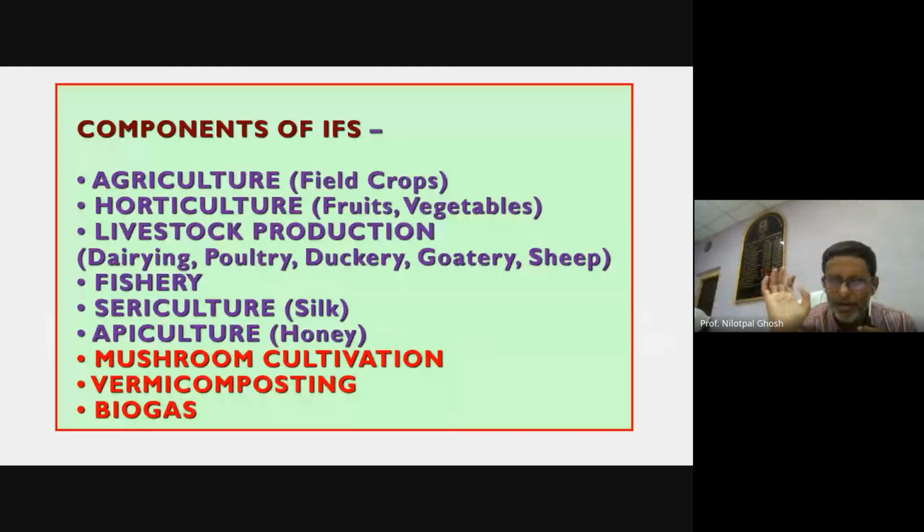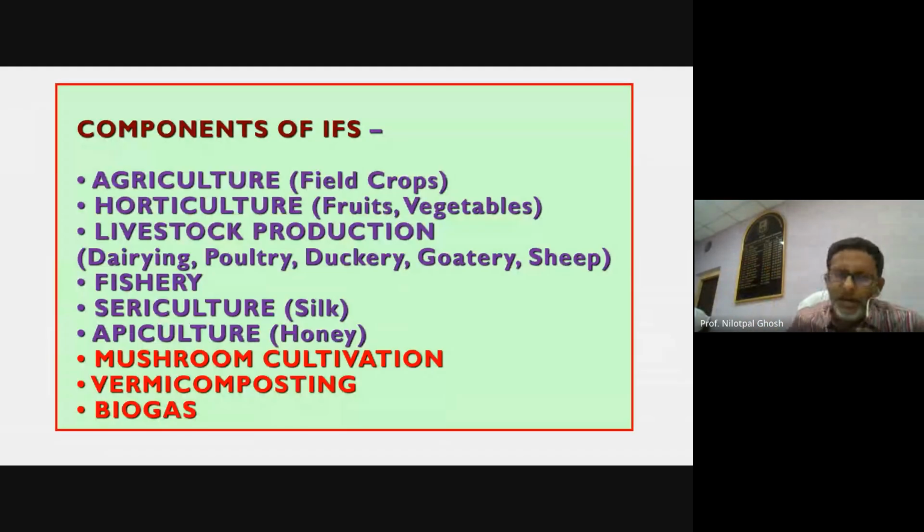Now, if you are from an agriculture background, your fascination will be on agriculture, likely horticulture, fishery. My background is from livestock production, so there will obviously be a bias towards the livestock production side. However, this integrated farming system should have a component of livestock because this lecture is specifically on livestock-based integrated farming system.